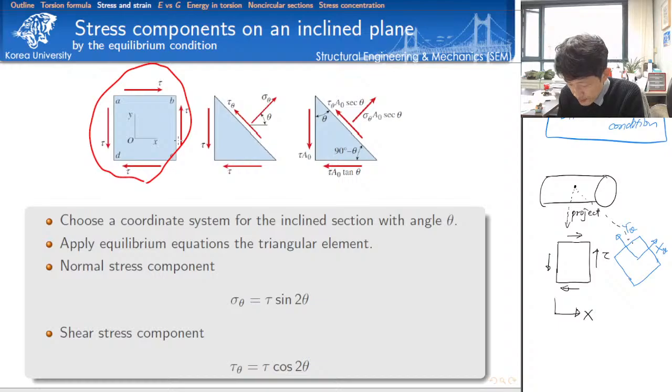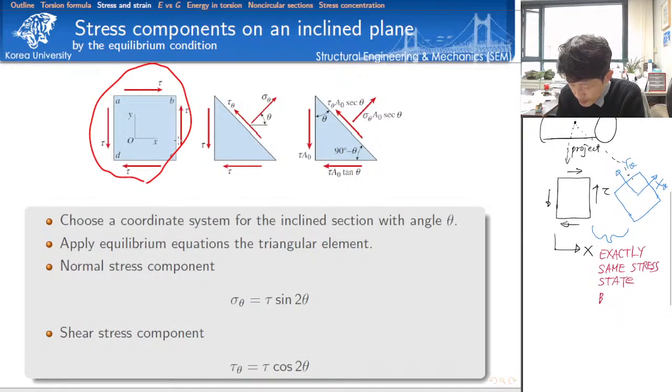Basically, make sure that the stress state of these two is exactly the same. We are talking about exactly the same stress state, but because of the change in the observation frame, the stress components must be different.